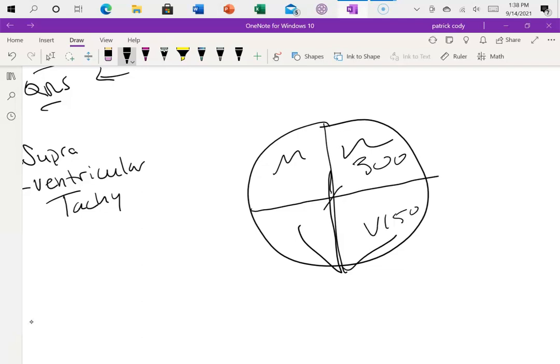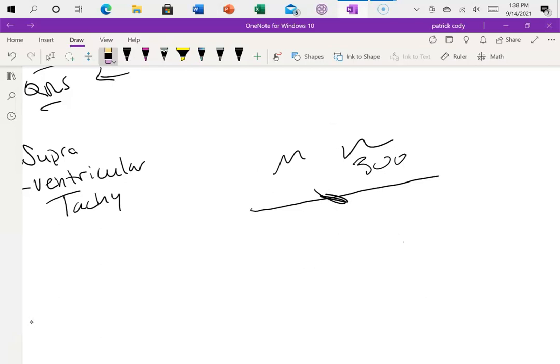If I put a block right here for a couple seconds, which adenosine would do, then I would basically erase the depolarization going into the ventricles, so it would look like I essentially took the ventricles away and just kept the atria, and I would only see atrial beats.